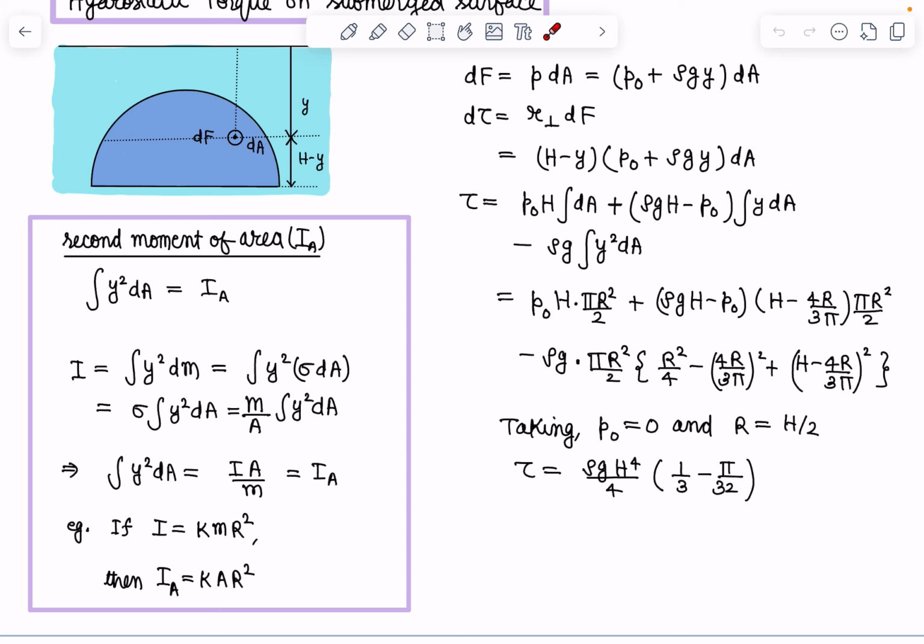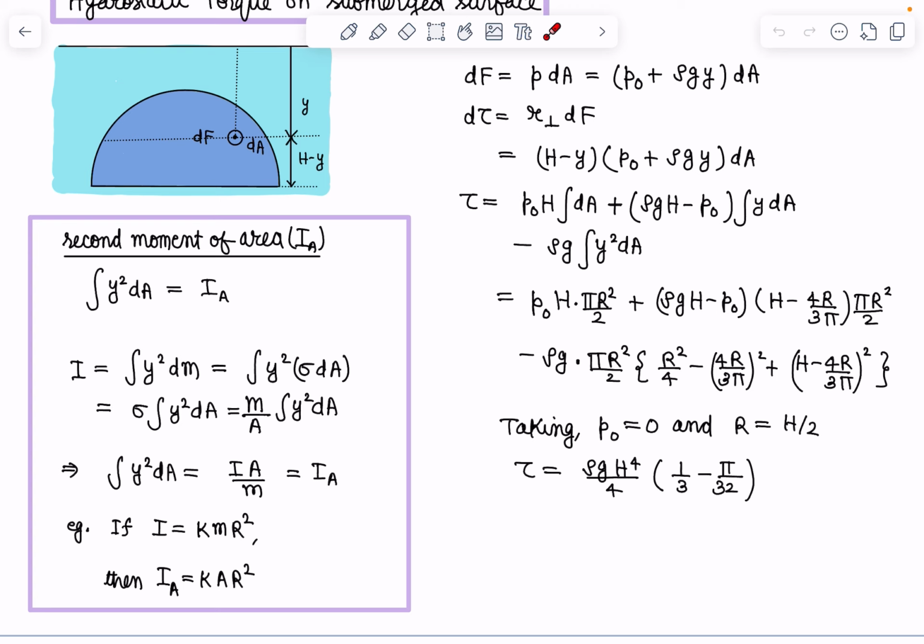For example, if the moment of inertia is I, that is k m r square. If I divide it by m, this m term will be eliminated, and multiplying it with A, in place of m, this A term will come. So all we have to do in order to find the second moment of area is, in the formula for the moment of inertia, replace the mass with the surface area.